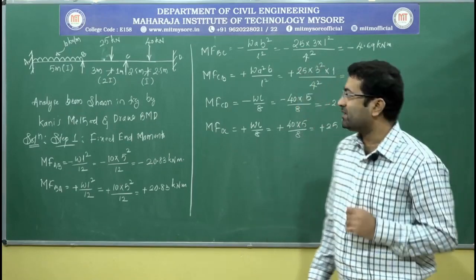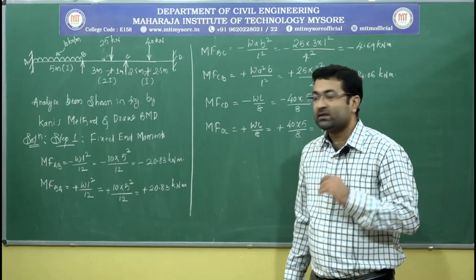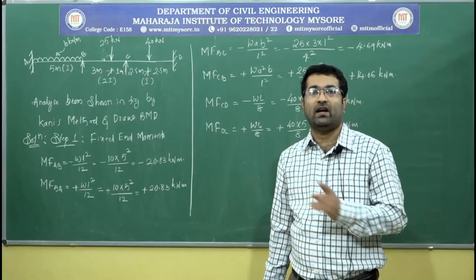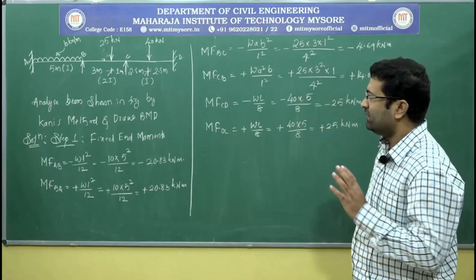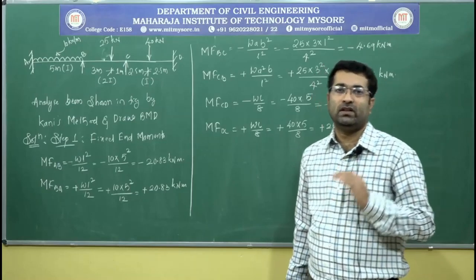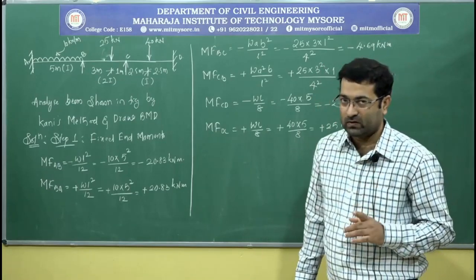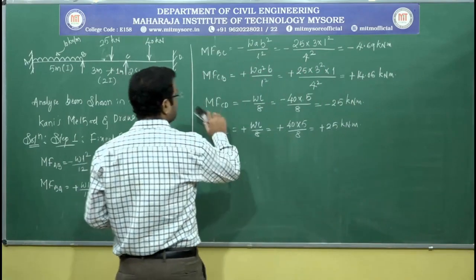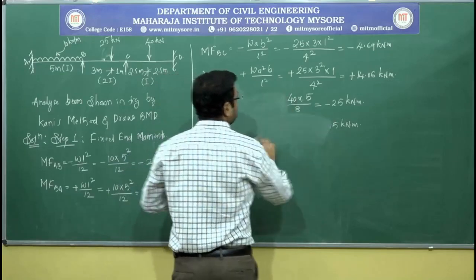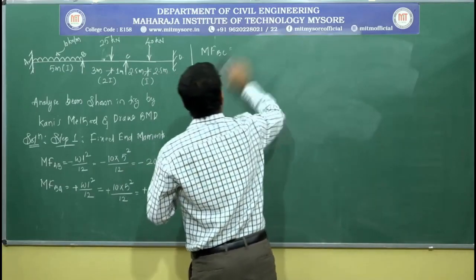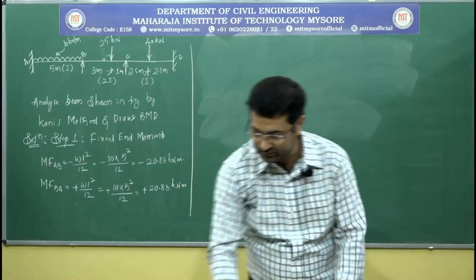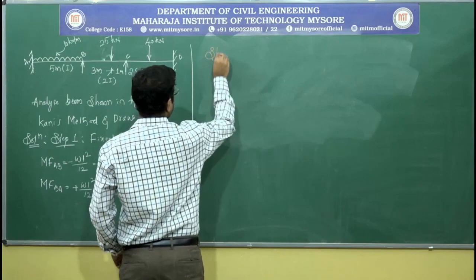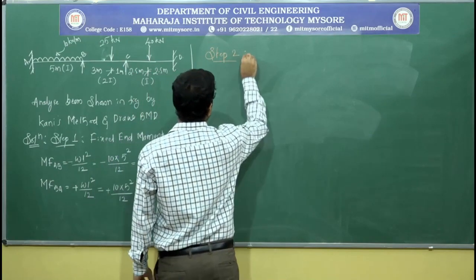Okay. So as I told you earlier also, the second step, that is estimation of the relative stiffness and the rotation factors, which is very similar to the distribution factor that you calculated in the moment distribution method. Okay. So I will erase this. Step number 2.